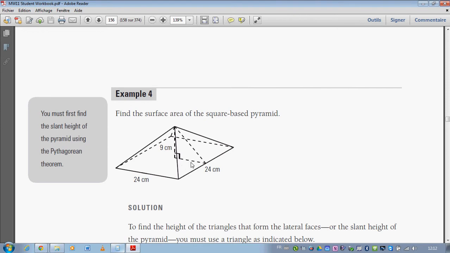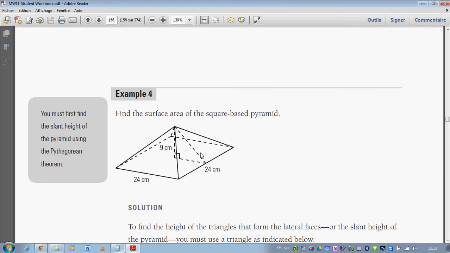So that would actually be 12 centimeters. So knowing that you've got 9 centimeters here and 12 centimeters here, you can use the Pythagorean theorem to figure out the slant length. Because once you've got the slant length, that slant length corresponds with the height of the triangles. And once you have that, you can figure out the area of one triangle and then multiply by 4, because there are 4 of those triangles.